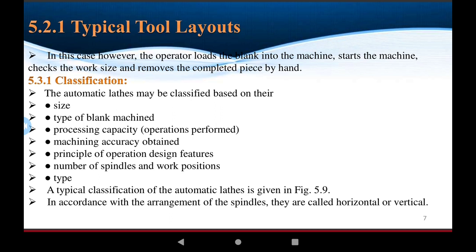Machines are also selected for the blank with the size of the rotations, the processing capacity, and the classification of lathe machines.